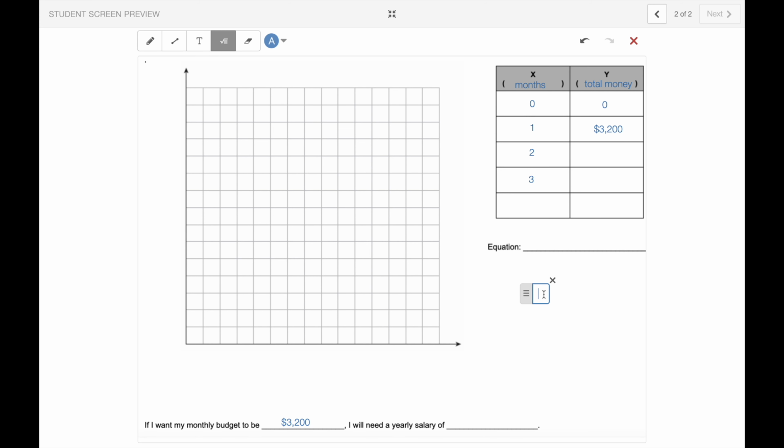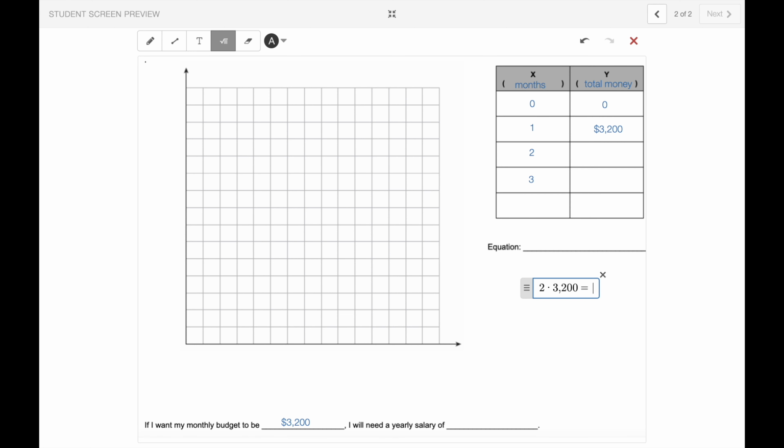So I'm going to write what I'm multiplying down below here. If I want to find out how much I make in 2 months, I am going to multiply 2 times the 3,200. I need to have 3,200 2 times for me to know the total of those 2 months.